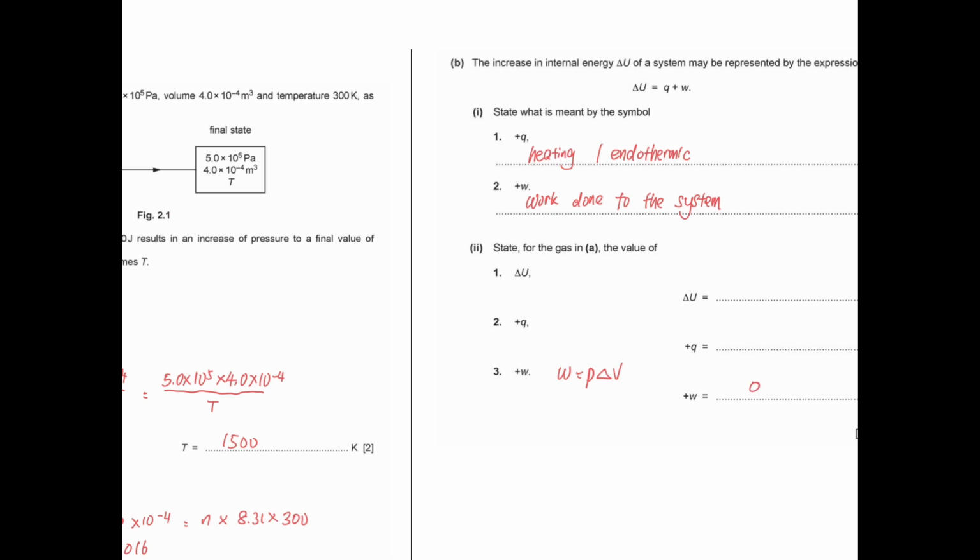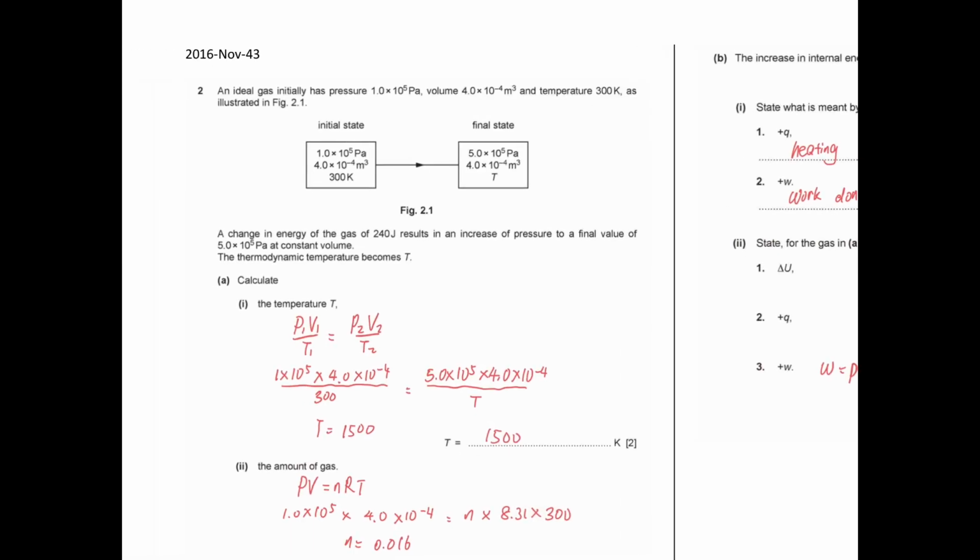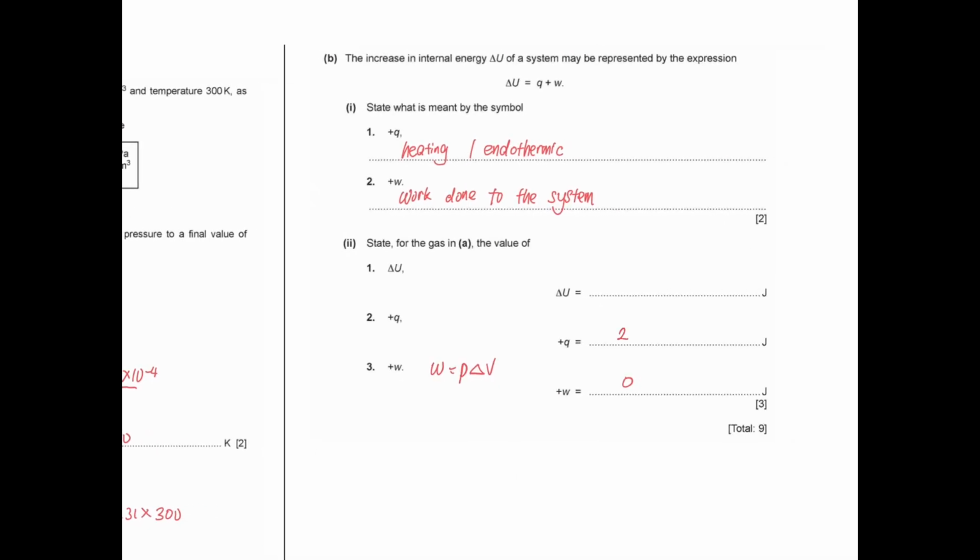The second one, Q. You can see here there is a heat supply, which is 240 joule. So the positive Q should be 240. Delta U: 240 plus 0, so delta U should be 240. Okay, now let's move on.